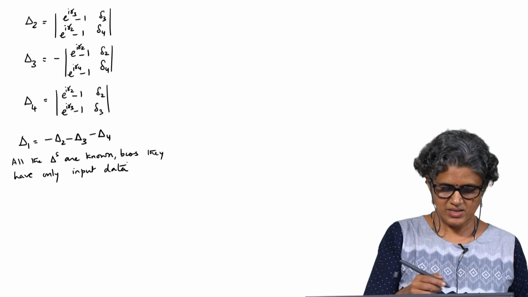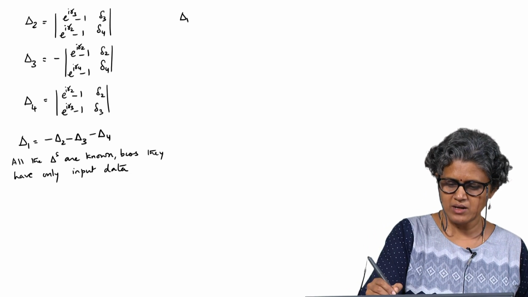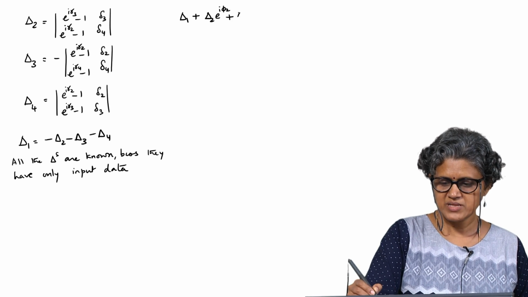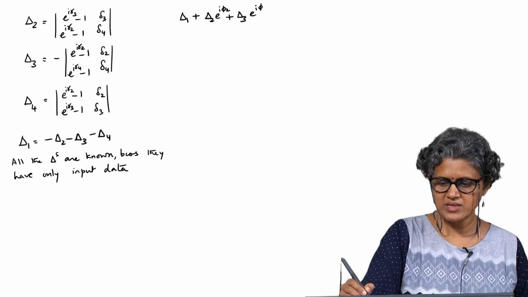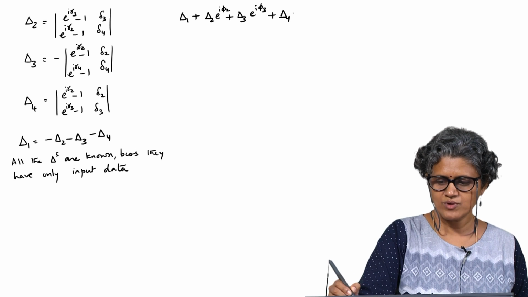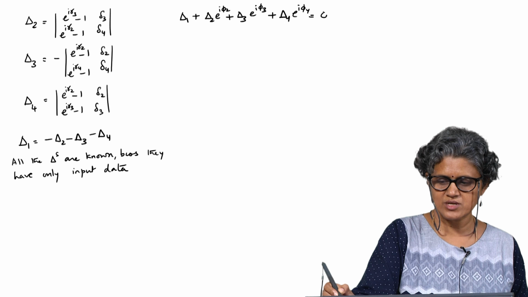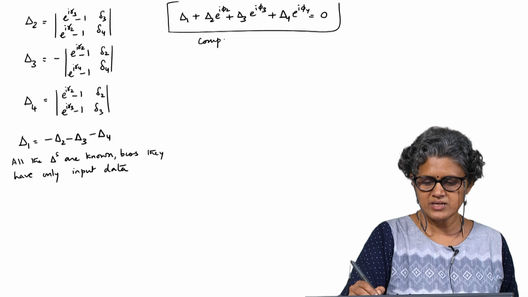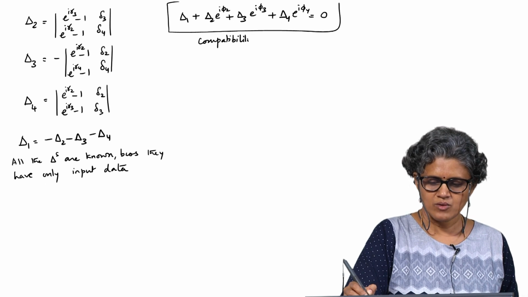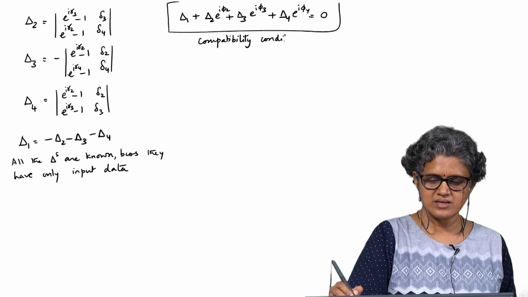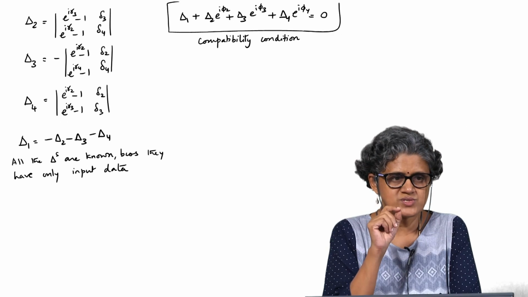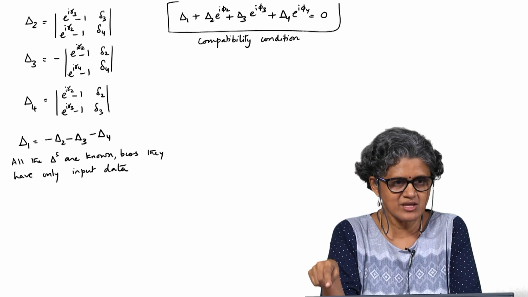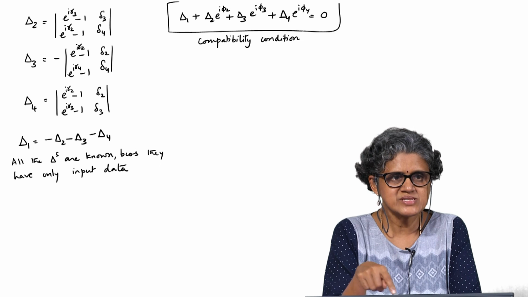So, this condition, delta 1 plus delta 2 e power I phi 2 plus delta 3 e power I phi 3 plus delta 4 e power I phi 4 equal to 0 is the compatibility condition. What that says is, this phi 2, phi 3, phi 4 have to satisfy this condition.